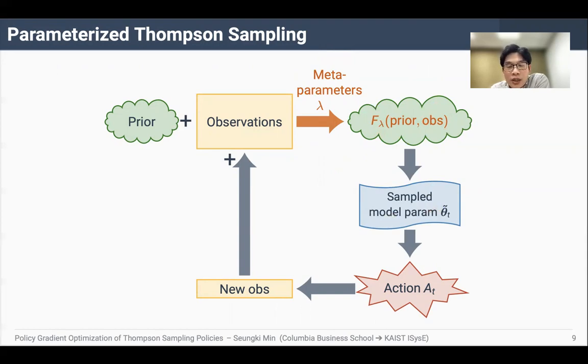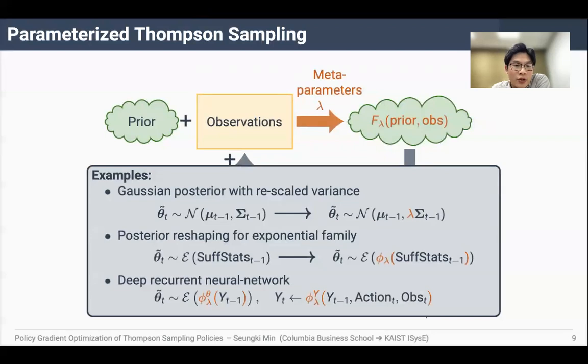So we are not restricting to a particular form of parameterization. The following can be useful examples. As we illustrated before, we can introduce a single tuning parameter lambda to scale the variance of the sampling distribution.